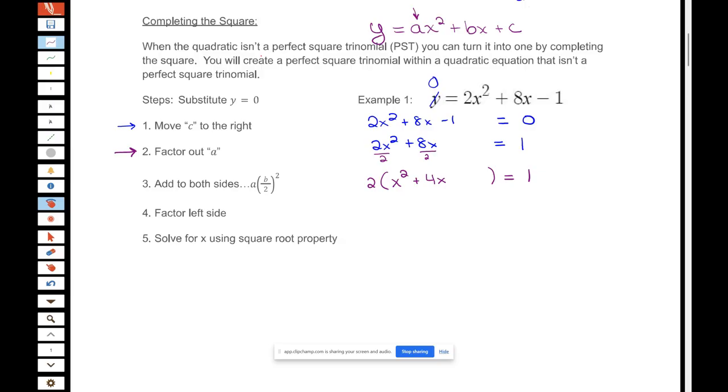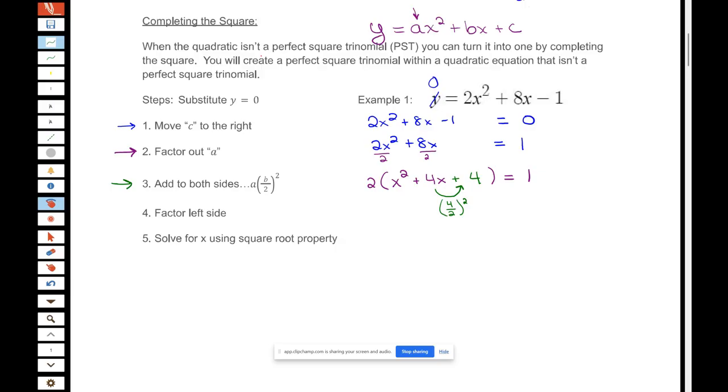All right, now I need to do my completing the square part like we did in geometry last year. We did one of those as a warm-up today. So we are going to add b over 2 squared. It's really a times that, but our a is out here to the left. 4 over 2 squared to this polynomial to complete the square.